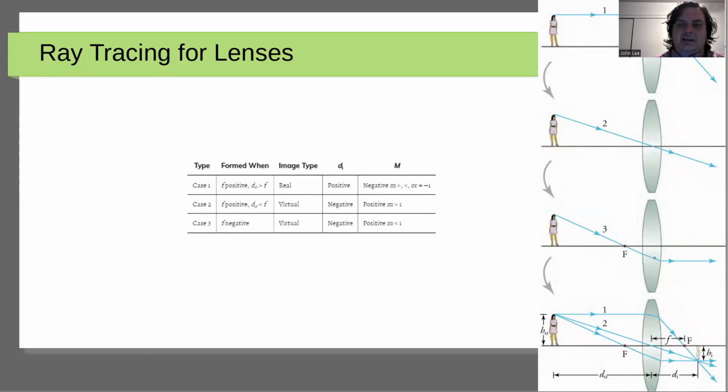So that straightens out for the same reason, but opposite, that the one initially parallel to the axis is going to go through the focal point on the other side. Anything that goes through the focal point on this side is going to be straightened out because it's basically just undoing what you had done earlier.